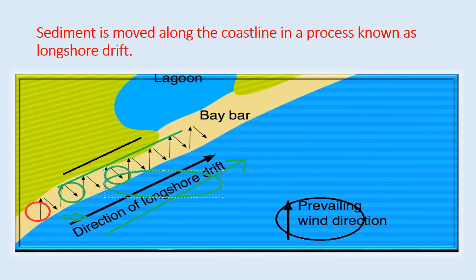The deposition of material along the longshore current, and that material slowly moving with the longshore current, is known as littoral drift or longshore drift.